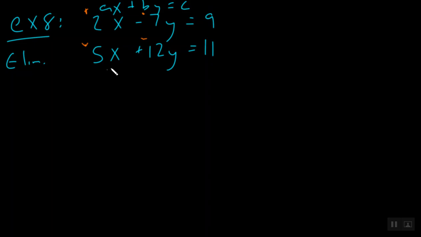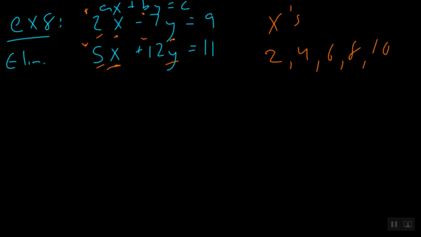Well, you have to pick either your x's or your y's, and you have to find their least common multiple. Now, because 2 and 5 are smaller numbers, I'm going to choose my x's, and I want to start listing them out. So 2, 4, 6, 8, and 10 are my first 5 multiples of 2.